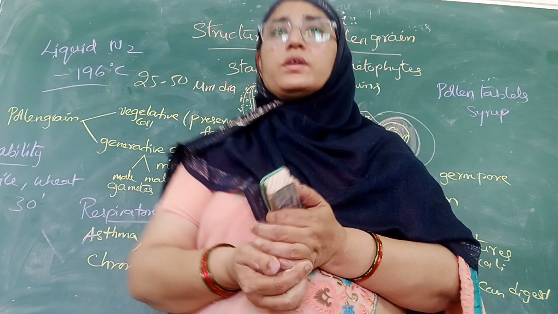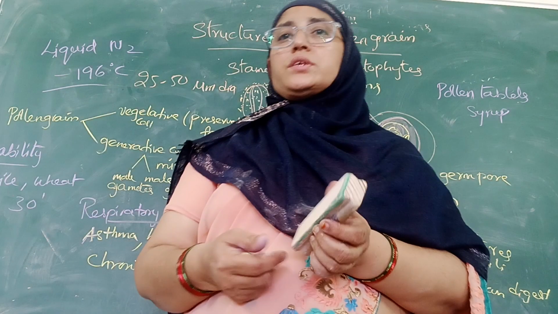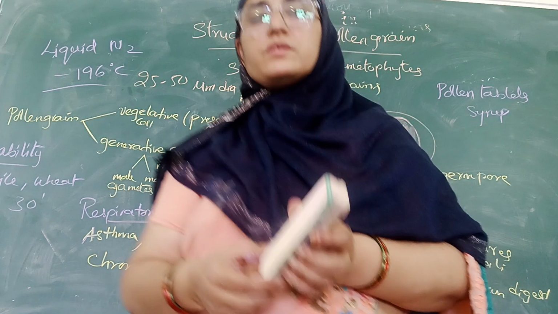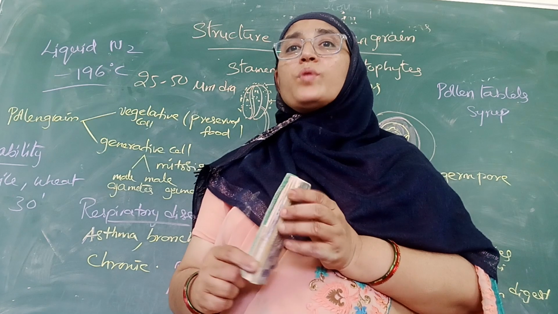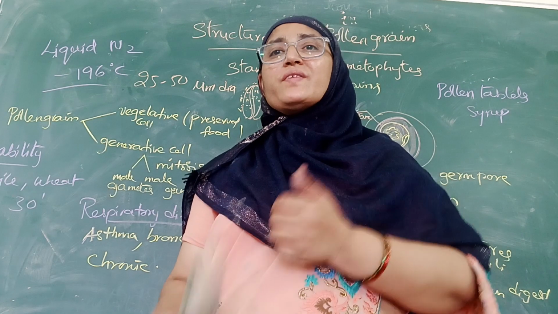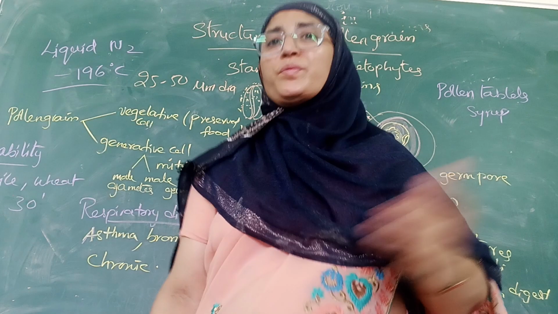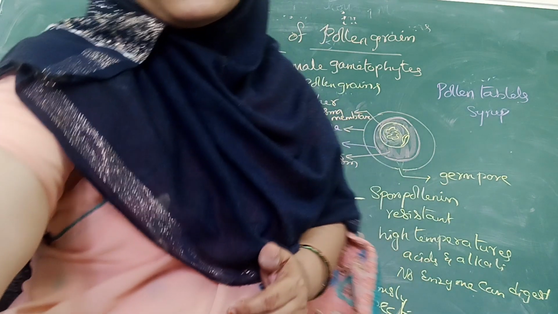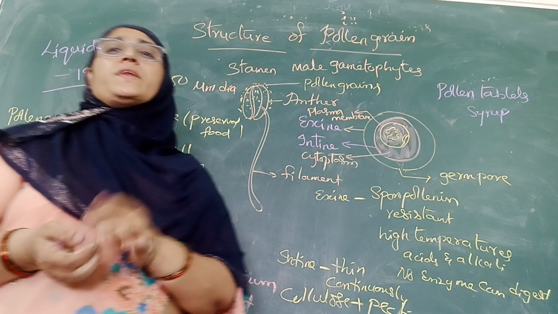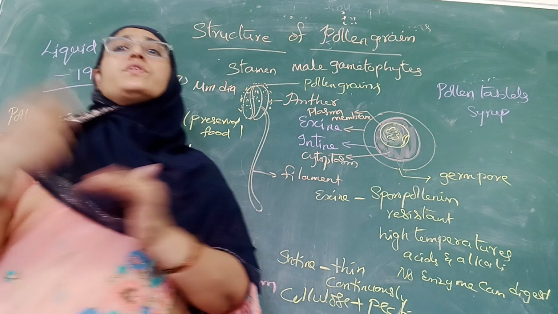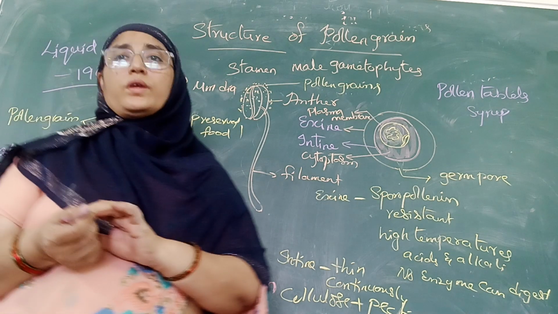They store the pollen in liquid nitrogen at minus 196 degrees centigrade. These are called pollen banks. As you might have heard about seed banks for crop production and semen storage for artificial insemination, likewise pollen are also stored for the future in pollen banks.